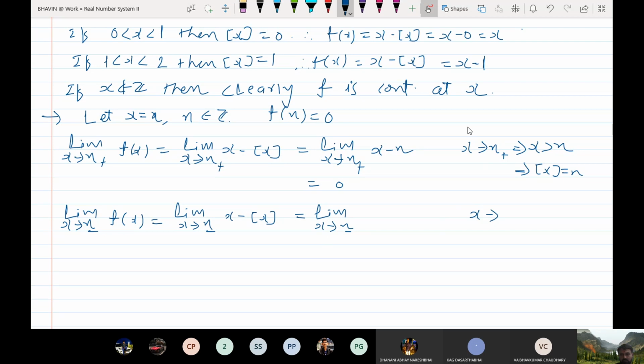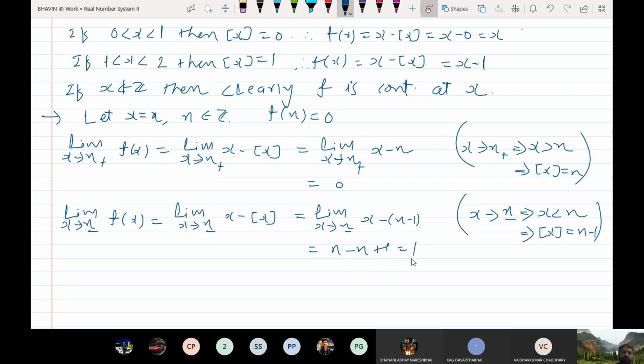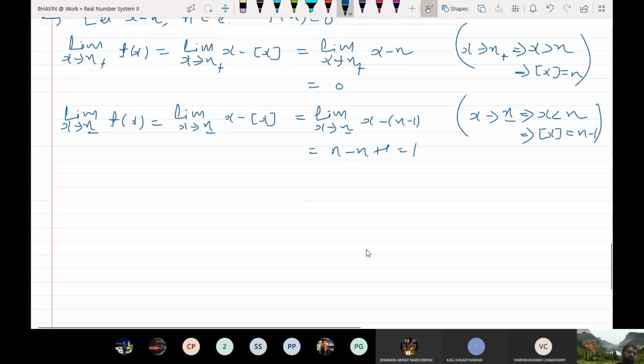x tends to n minus implies x less than n. So box of x is n minus 1. If you put x equal to n, this is n minus n plus 1, so you will get the answer as 1. So limit x tends to n plus f(x) is equal to 0, which is not equal to 1.